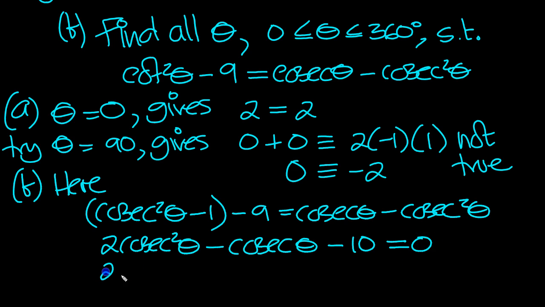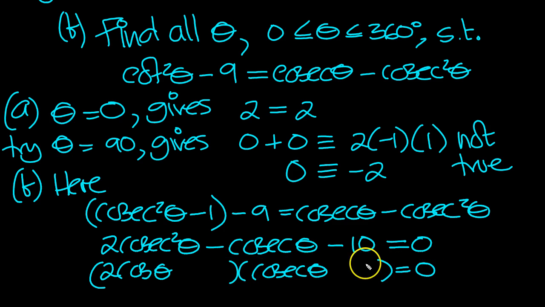Now hopefully we can factorize this, 2 cosec theta and cosec theta. There's not a lot of choice there. Now it's either 10 ones or 5 2s. 5 2s looks promising because you get a 4 and a 5 and the difference will be minus 1, provided that's the minus and that's the plus. So that looks fine. 2 cosec theta, 2 cosec squared is that term.